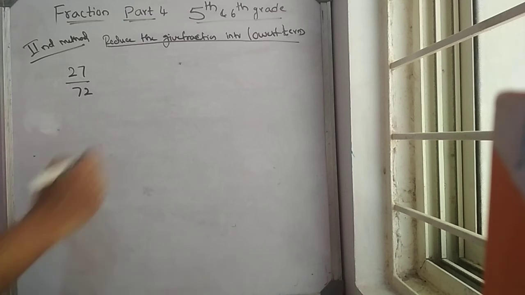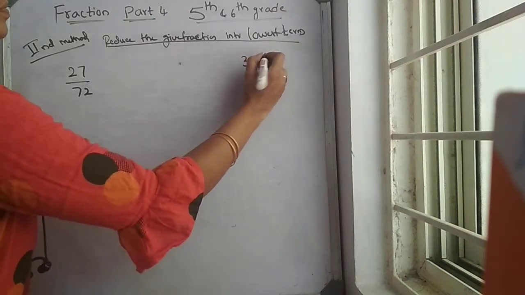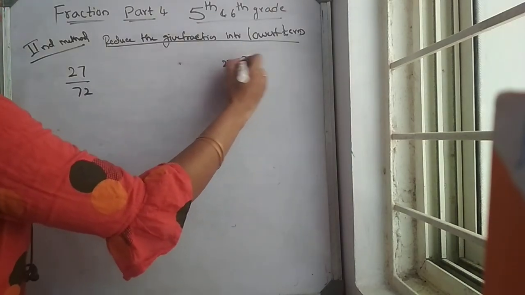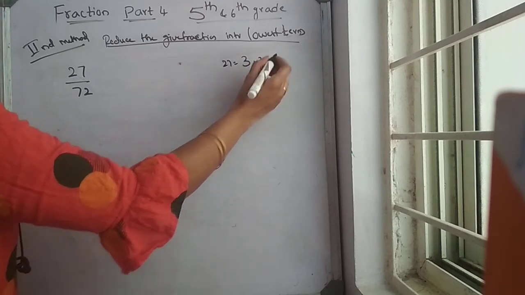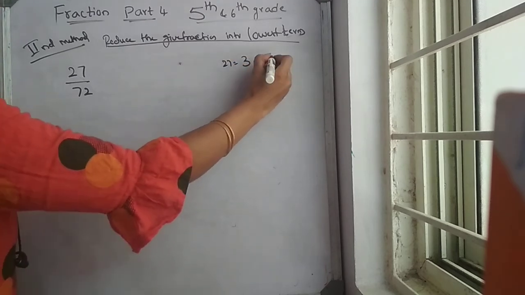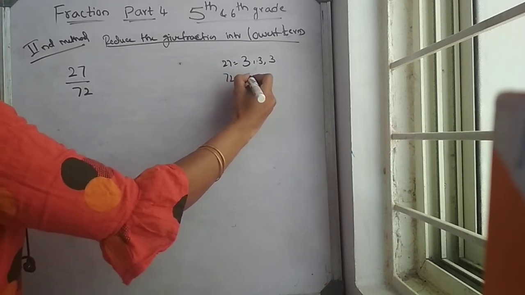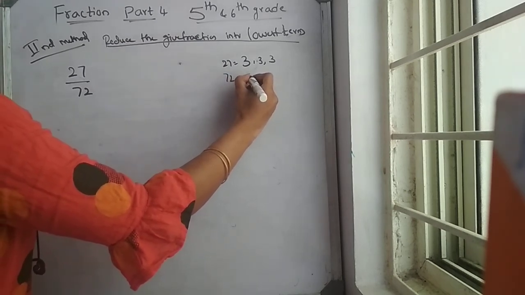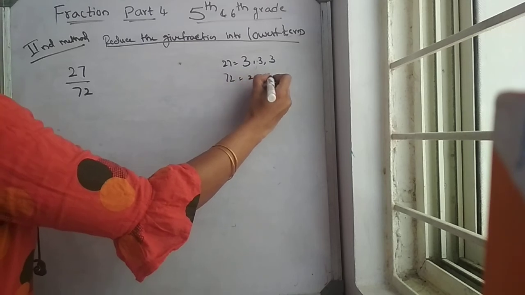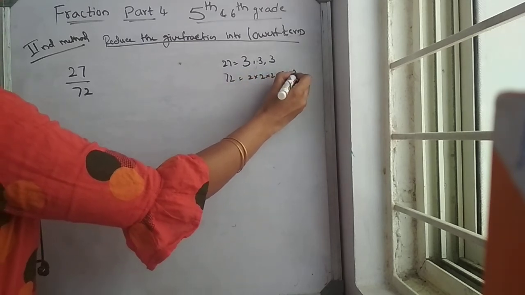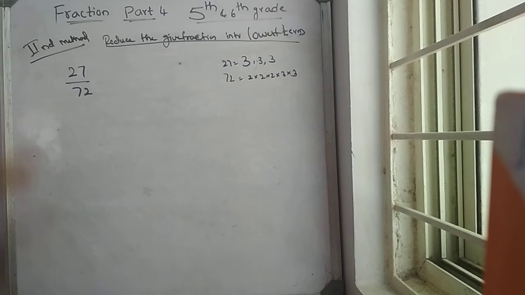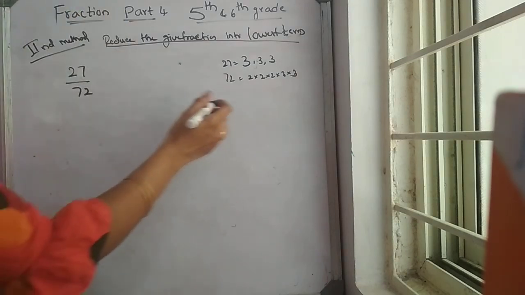What are the common factors here? 27 equals 3 into 3 into 3. Here 72 is 2 into 2 into 2 into 3 into 3. These are the factors only. What are the common factors here?